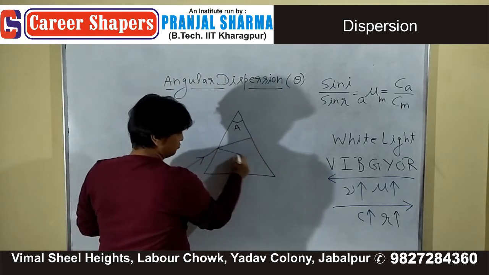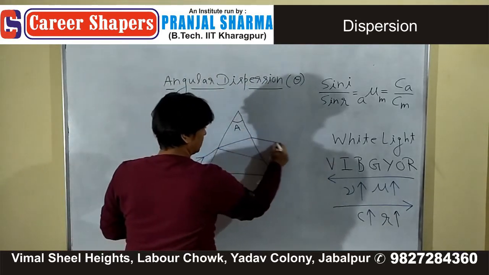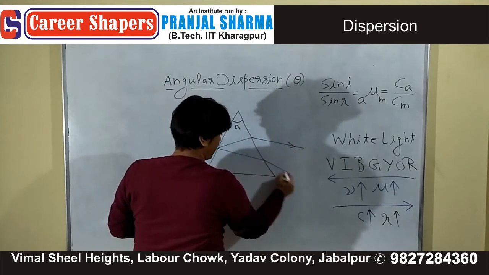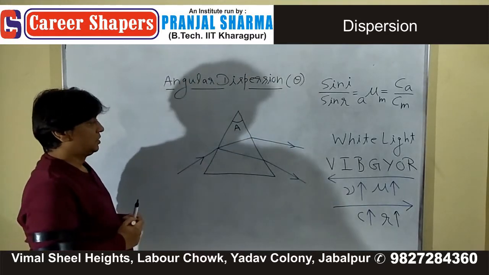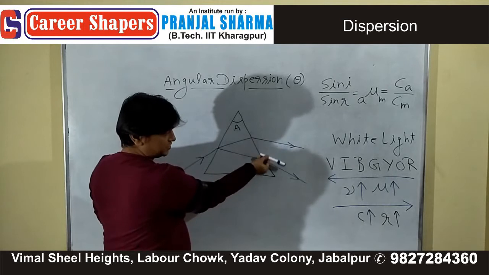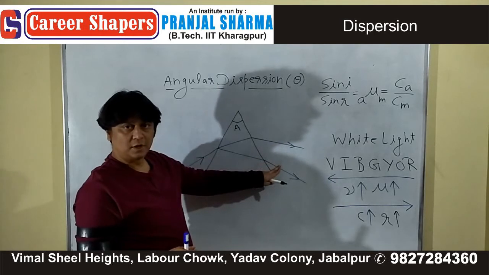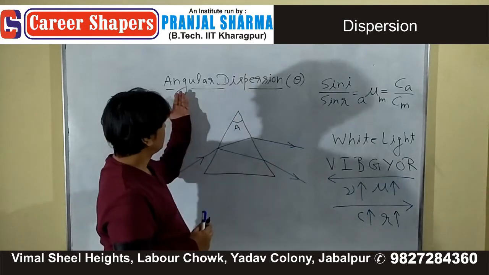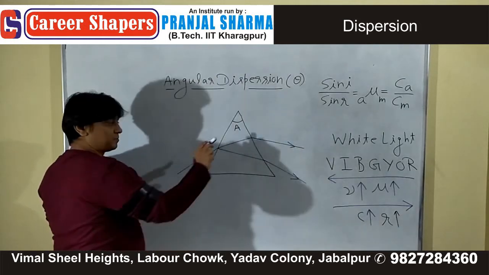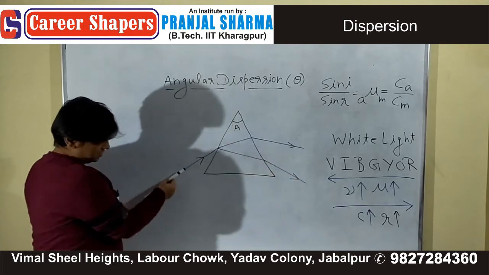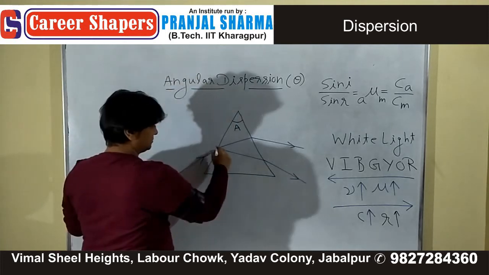Let's consider these two, violet and red only. And as it finally comes out, you know that all the colors are present in this region. Now this region, in terms of angle, is called angular dispersion. What is this region? Look here. This is the original path of white light, which is this.